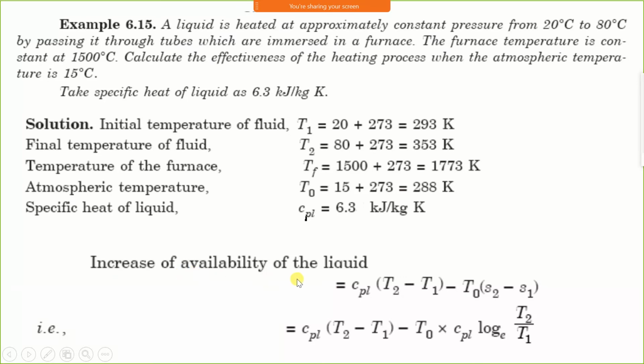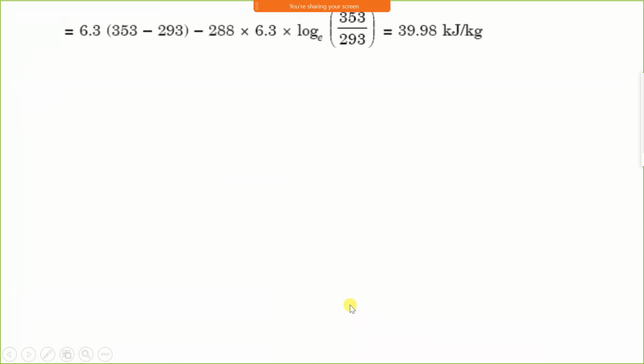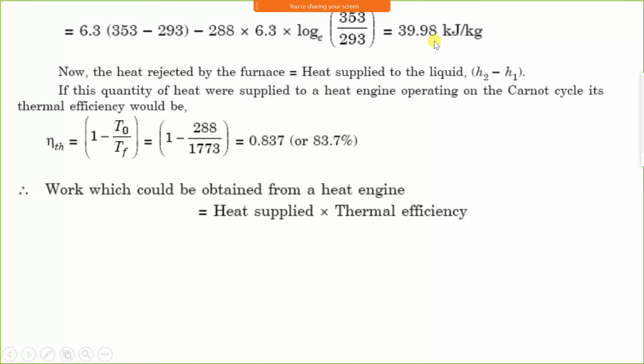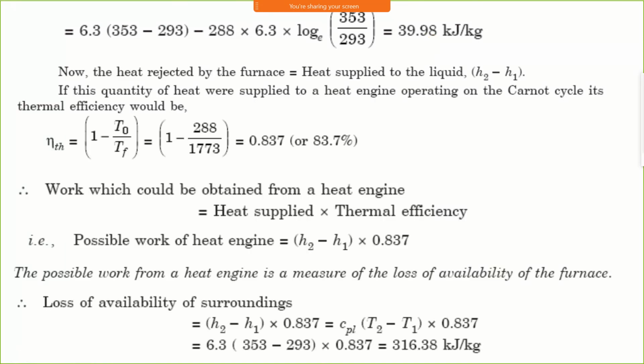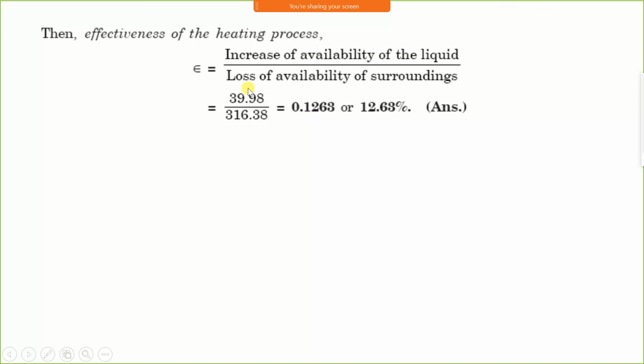The increase of availability of liquid is 39.98 kilojoule per kg, and loss of availability of surrounding is 316.38 kilojoule per kg. Therefore, effectiveness of heating process or the effectiveness of furnace is 39.98 upon 316.38, which is equal to 0.1263, which is equal to 12.63%.